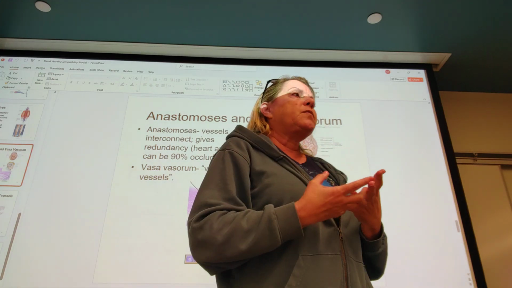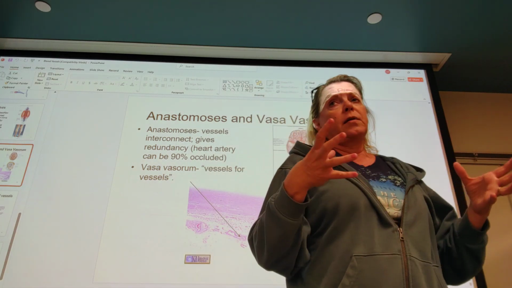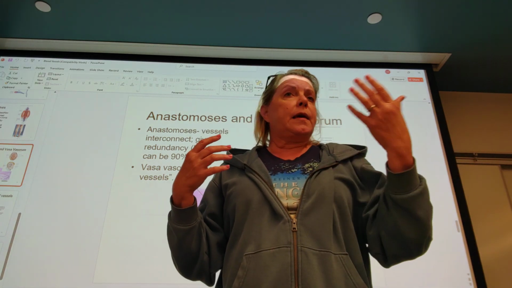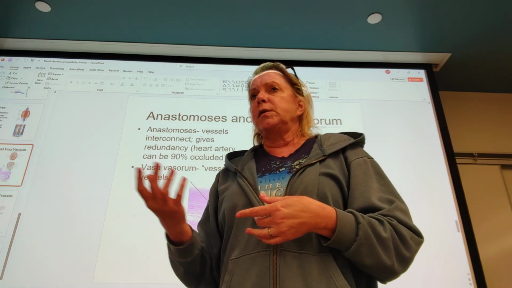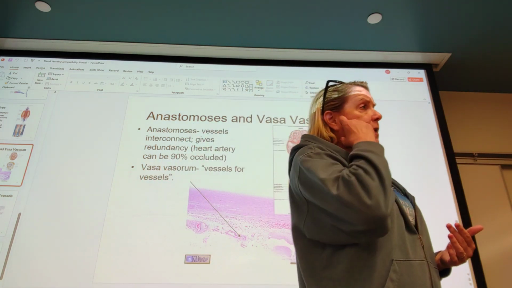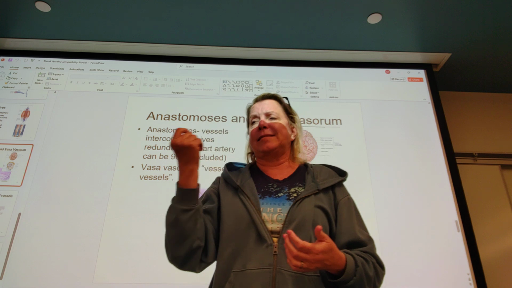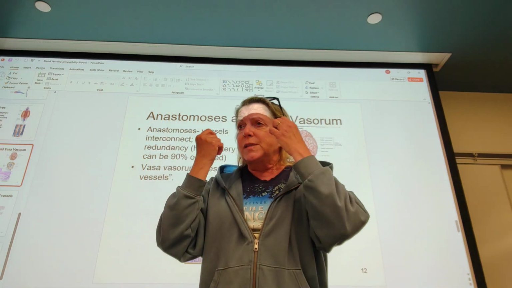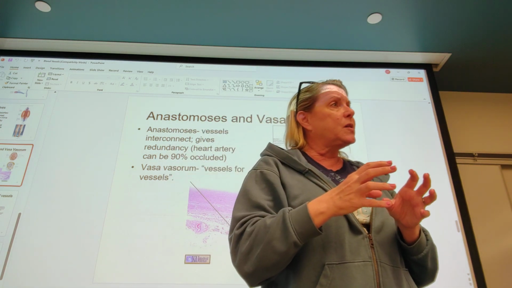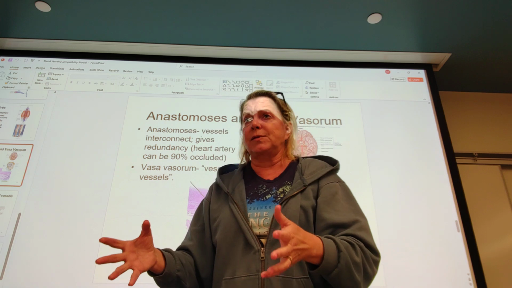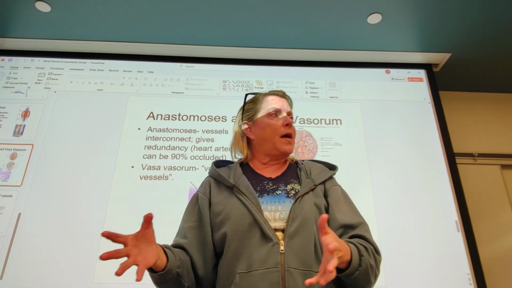There are some blood vessels that are very thick, very large, like the aorta, pulmonary trunk, superior and inferior vena cava. We forget that those vessels have cells.